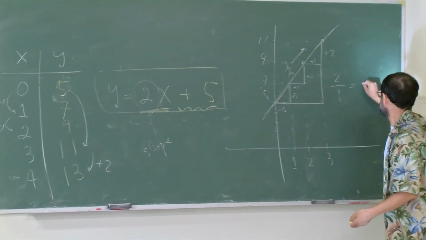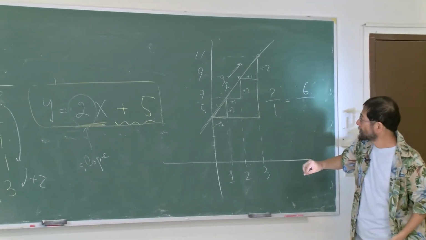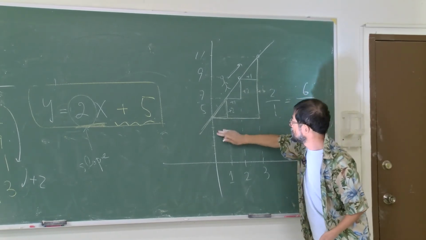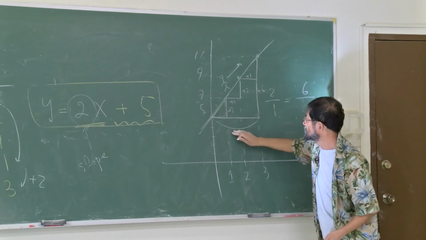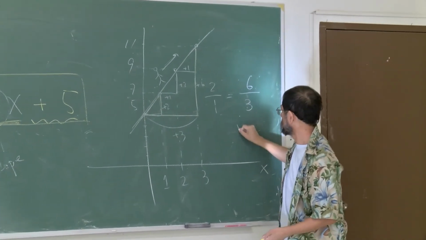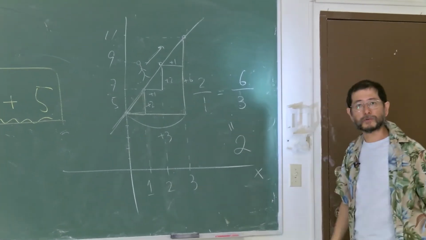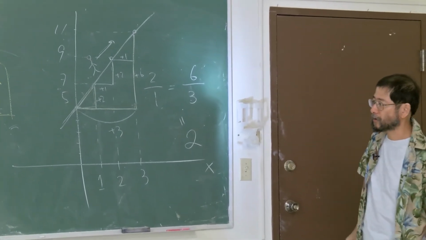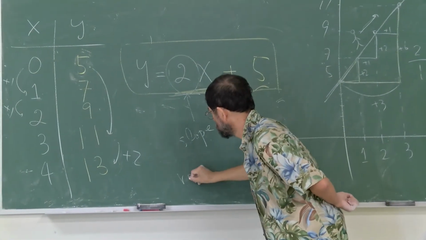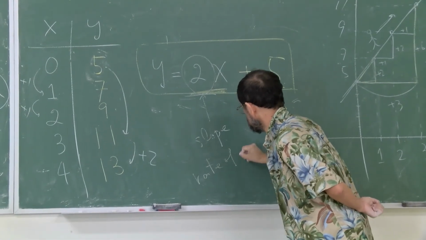So that's 6. And on the other hand, the change in x is now plus 3. So then that is always going to be equal to 2. So that is the meaning of slope, or this is often also called rate of change.